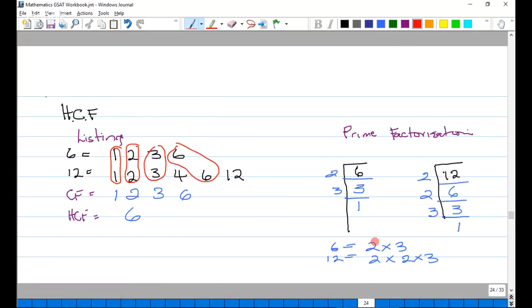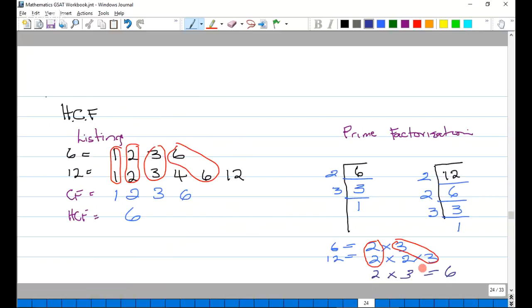Let's identify things that are common. 2 is common. And 3. What do we do now? 2 multiplied by 3. So the highest common factor is what? 6. Now, which way do you think we want you to do it for exam?